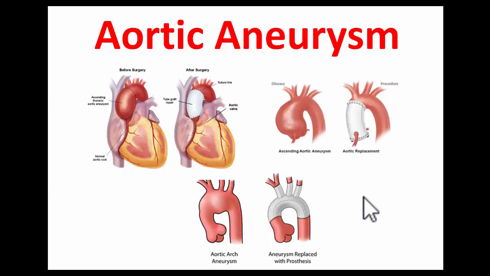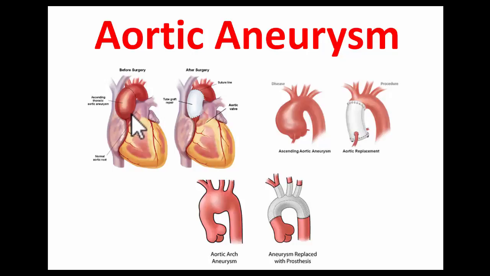How do patients with aortic aneurysm present, and what are the treatment options available? Aortic aneurysm is usually detected on examinations such as chest x-ray or on a routine CT scan done for some other purpose. It can also be detected by an echocardiogram, which may show an unusually dilated aortic root.